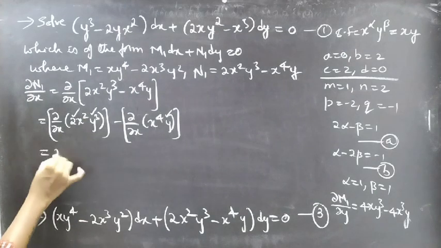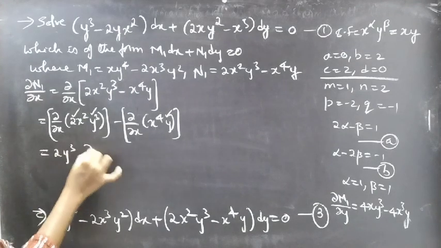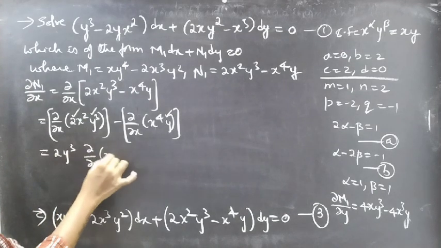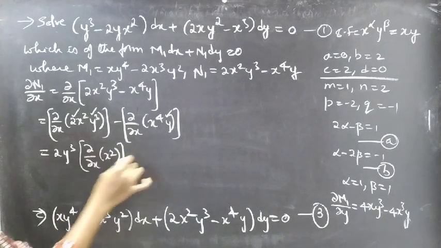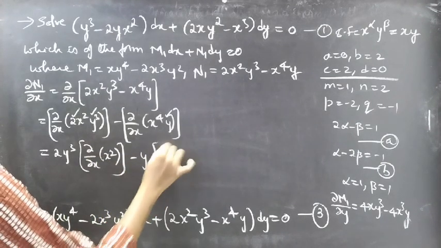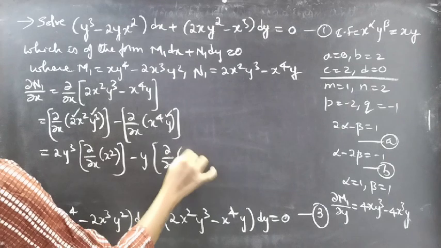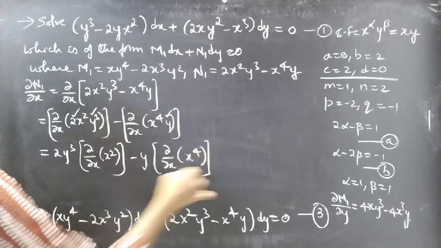So we can write this as 2y cube into dou by dou x of x square minus y into dou by dou x of x power 4. Right?